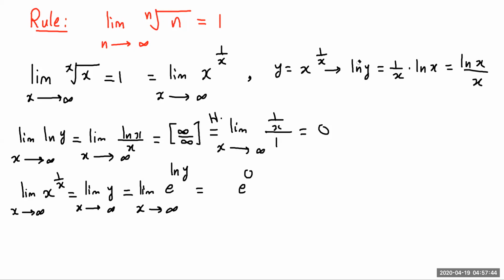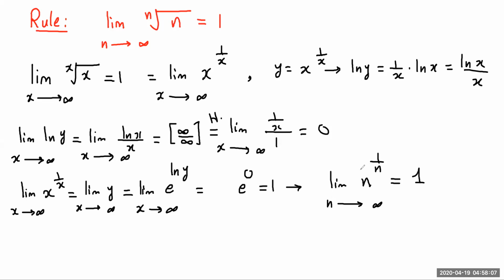So e power 0 is 1. The final answer is that the limit of x power 1 over x is 1. So the limit of n power 1 over n when n goes to infinity also will be 1.